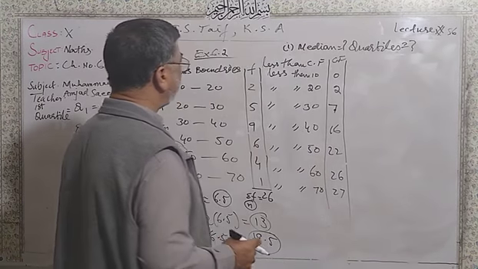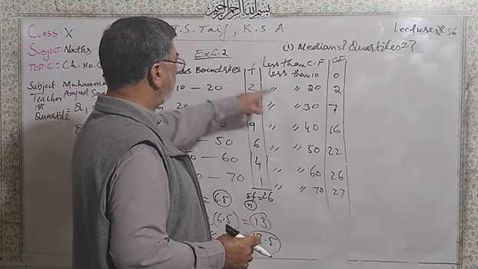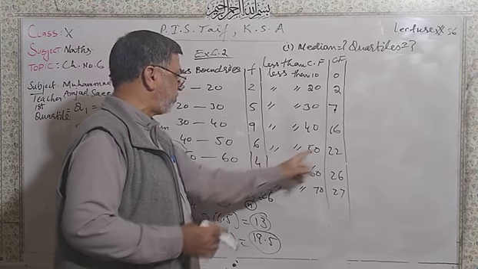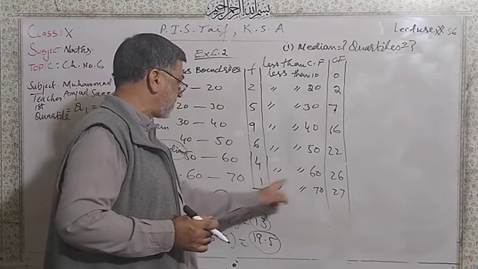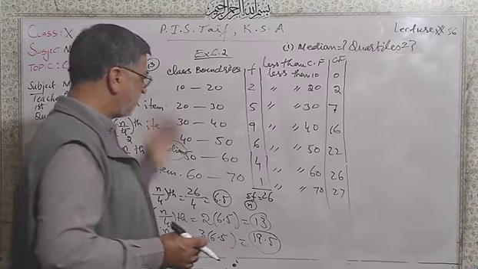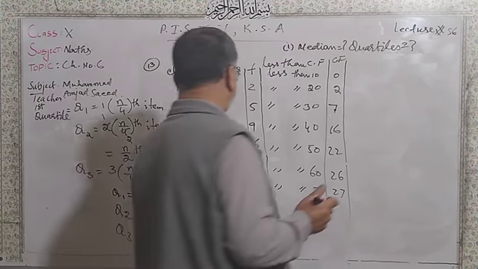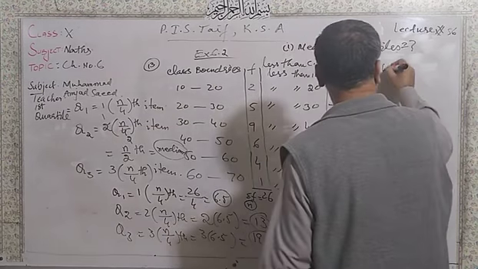So we have 2 plus 5 is 7, 16 plus 6 is 22, plus 4 is 26, plus 1 is 27.